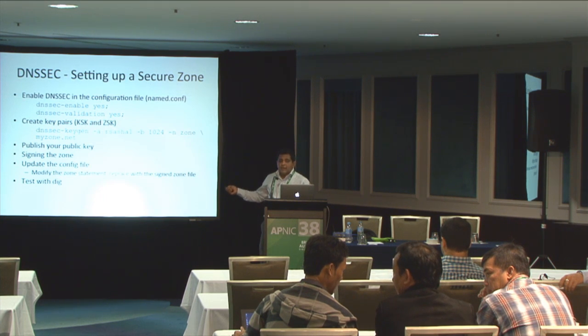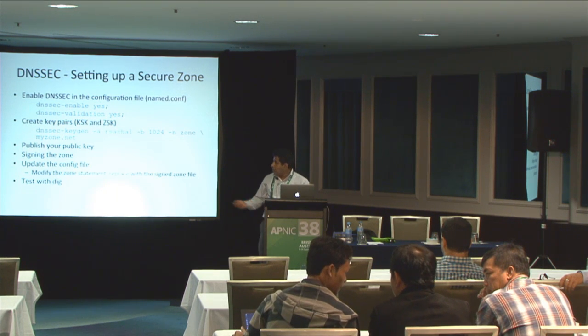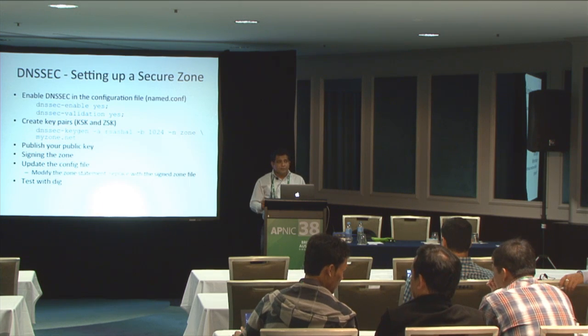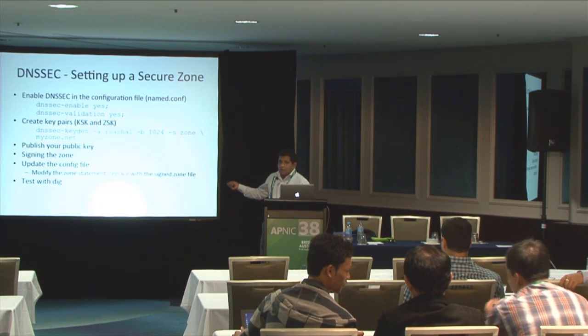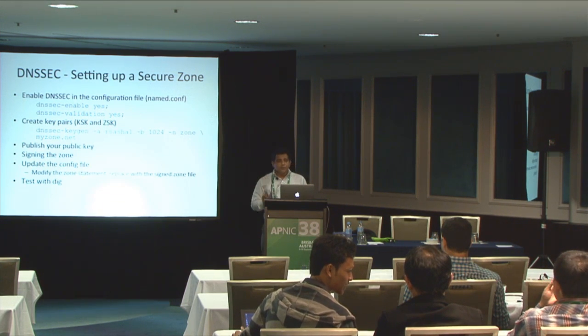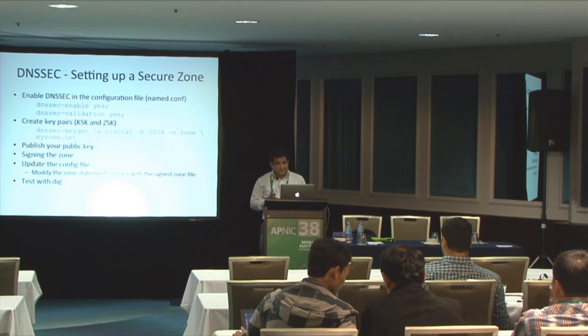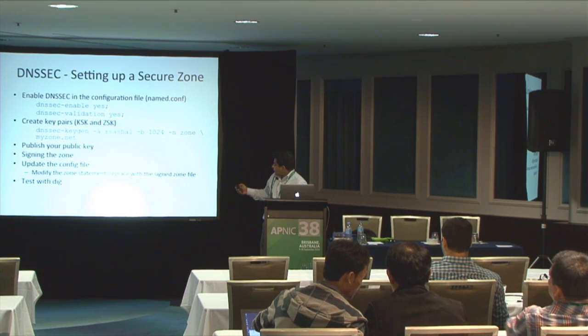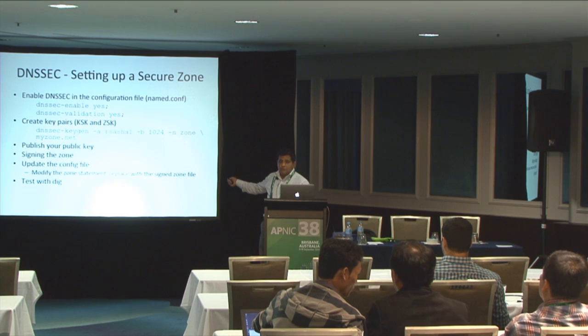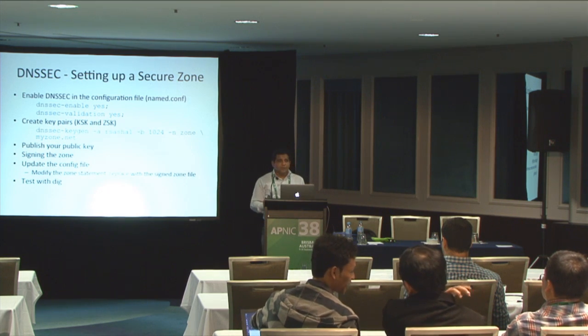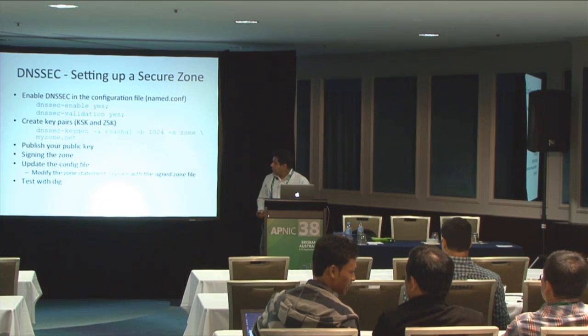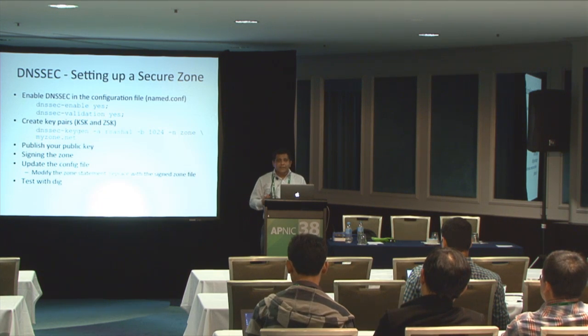We are specifying an algorithm here: RSA SHA-1. And we are also giving a certain bit value, in this case 1024 bits, and then specifying my zone, the zone that I'm going to sign. So I've created my keys.